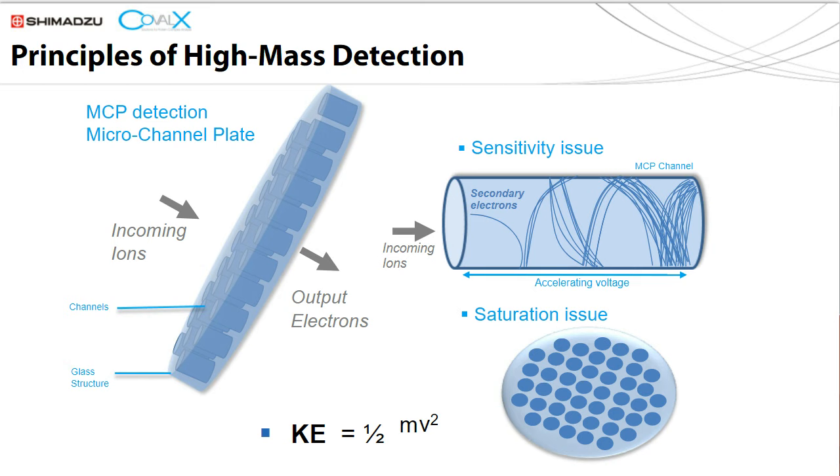As the mass goes up, as the ions get to be larger and larger ions, the velocity is going to go down. They're going to be moving more and more slowly. And the issue that this can cause for sensitivity is that the efficiency of this ejection of secondary electrons begins to go down with slower and slower ions, so detection efficiency becomes an issue.